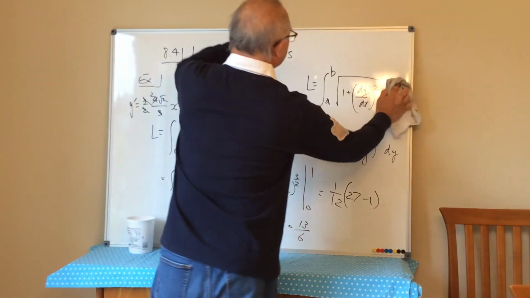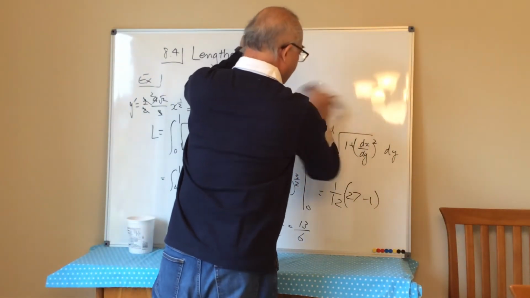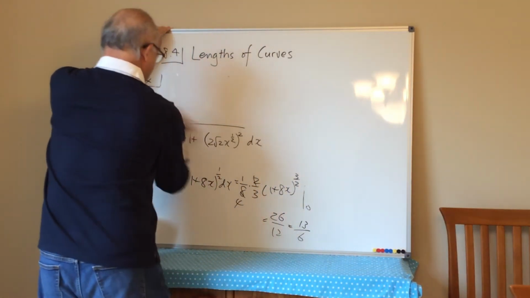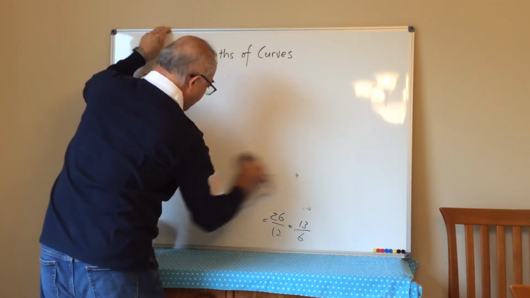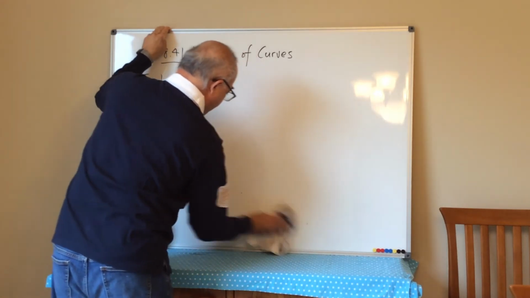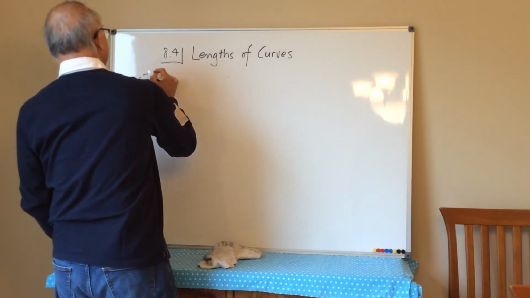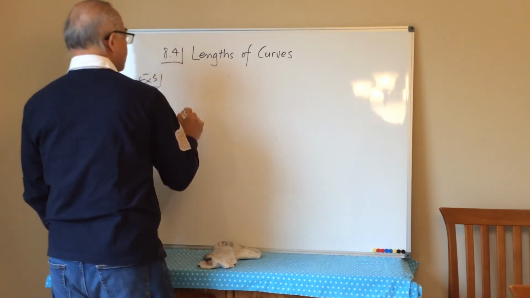Okay, so let's do example number 3. I'll erase this now. Example number 3 shows you an example where you do not get a smooth curve. You get what looks like a smooth curve, but actually it's going to cause you some problems.